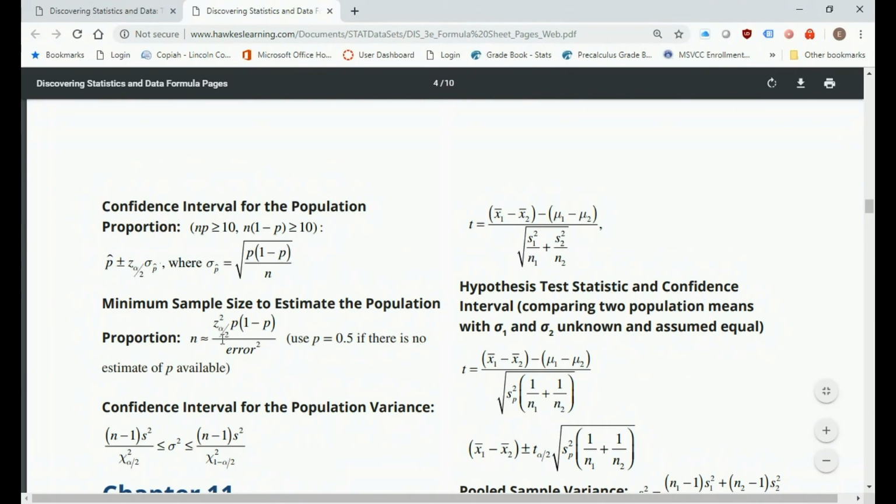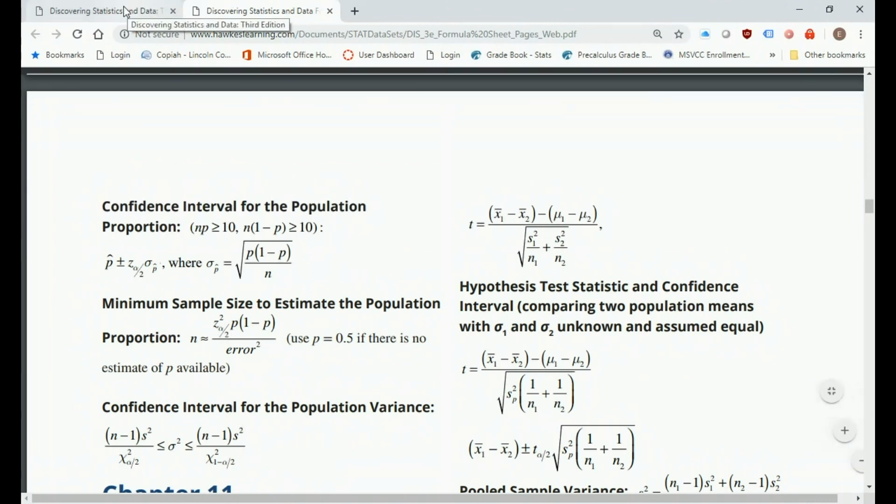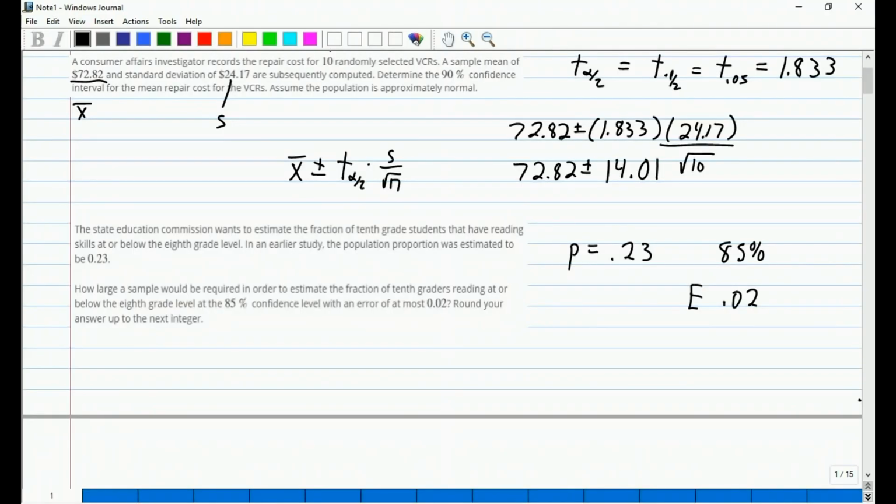So we've got to figure out the critical Z value for 85%. And that may or may not be on our table. We may have to just manually figure it out. Then we'll say that times P times 1 minus P, and then we'll divide that by the error squared. Okay, so we got to find that critical Z value, Z sub alpha over 2.